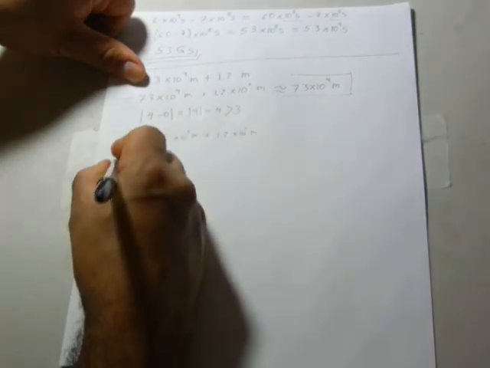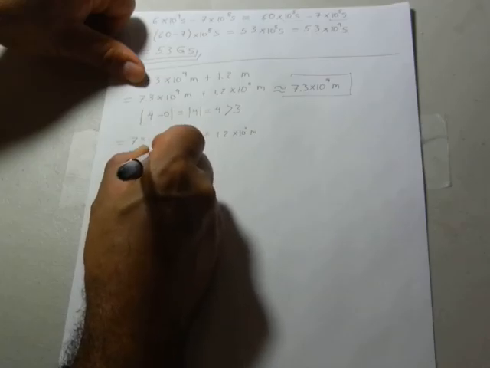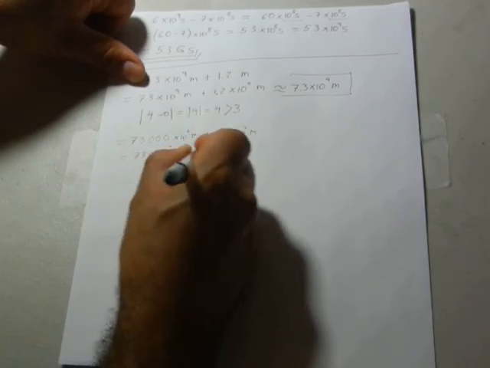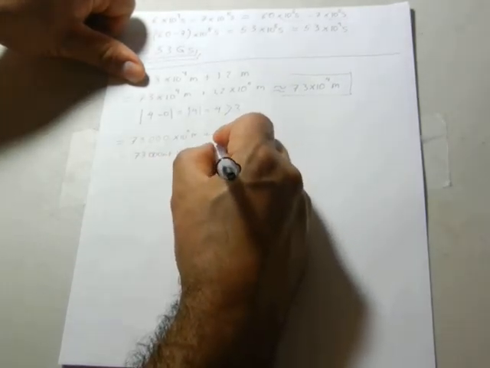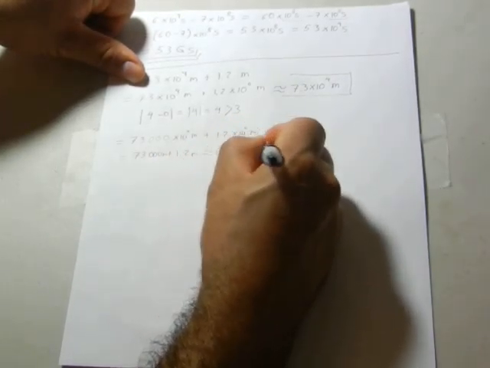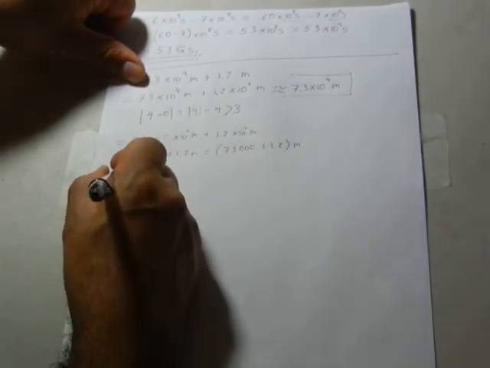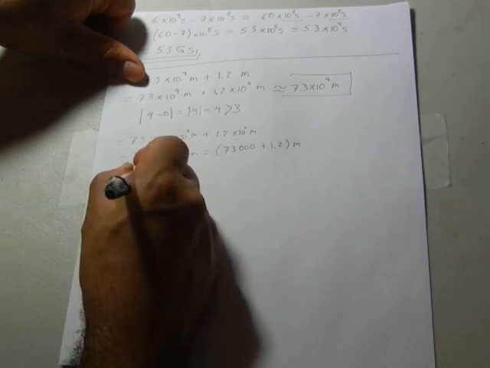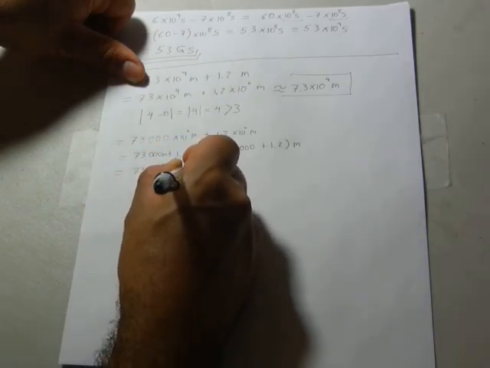We know that this is 1, so we have 73,000 plus 1.2 meters and meters, so 73,000 plus 1.2 meters equals 73,001.2 meters.